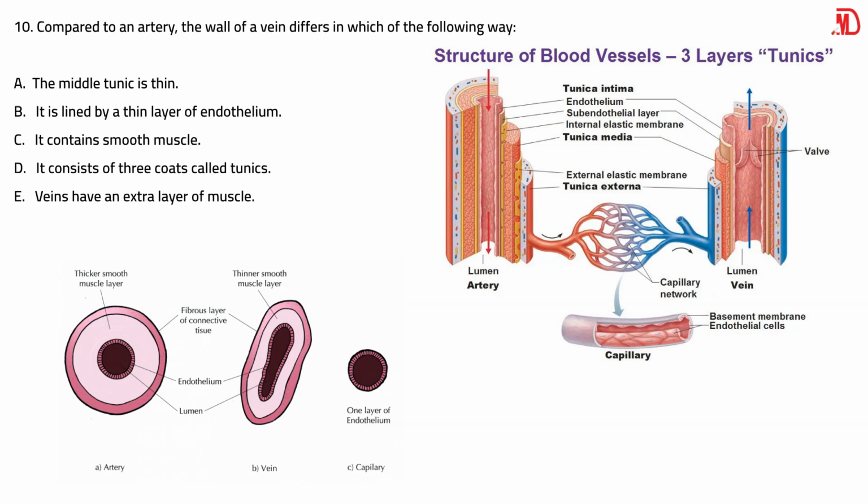Arteries have a narrow lumen, whereas veins have broad lumen. Arteries have no valves, but veins have valves. So these are briefly the differences between arteries and veins depending on the layer. So kindly take note of that.